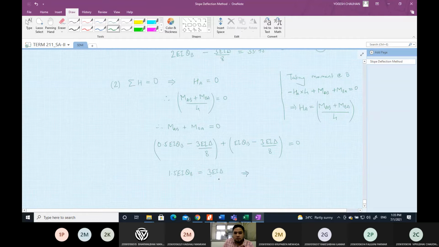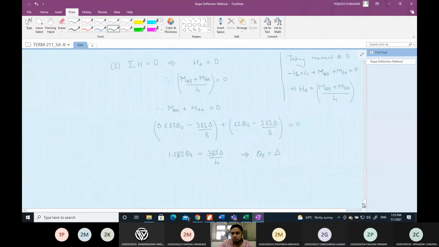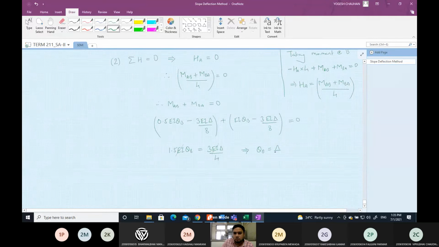So this implies theta B equals, this EI gets cancelled, delta by 2.